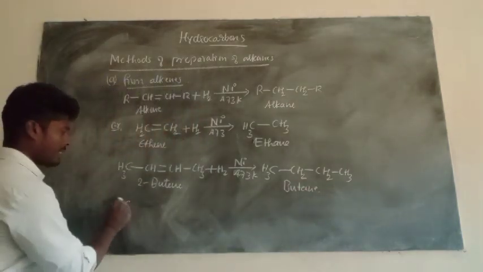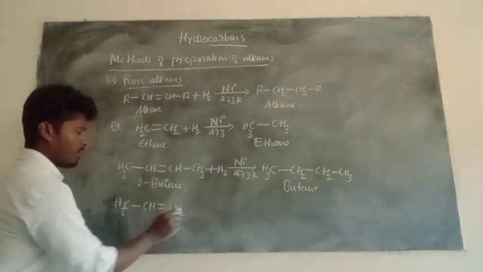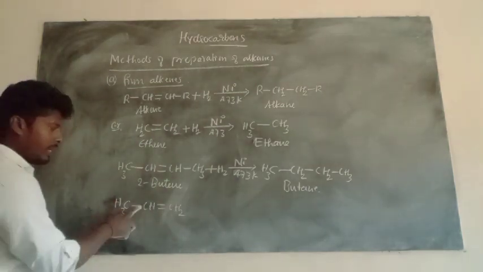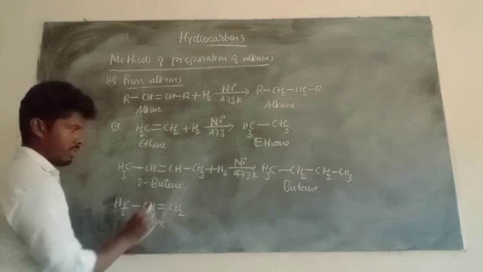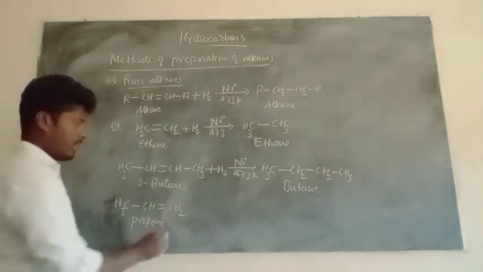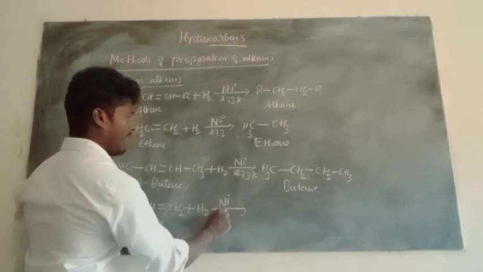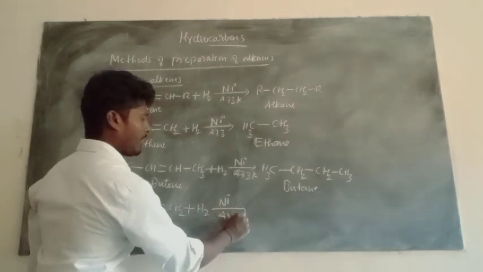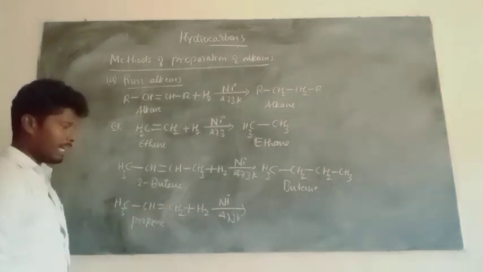Similarly, observe one more example. CH3 CH double bond CH2. How many carbons are there? 1, 2, 3. Sorry, propene, since the double bond is there. Now it is treated with hydrogen in presence of nickel at 473 Kelvin. What do you get? We just have to add these two hydrogens between the carbon double bond.